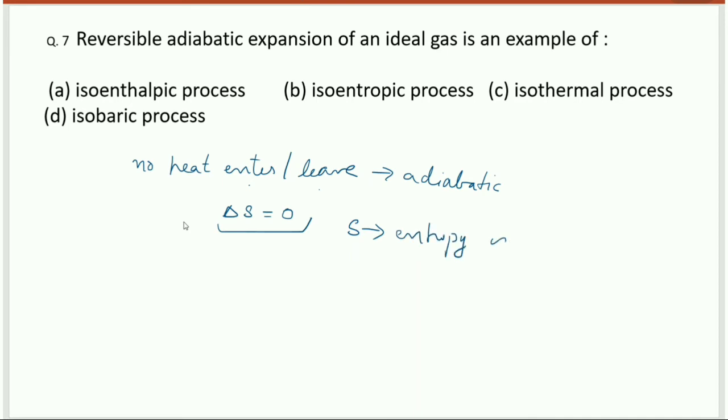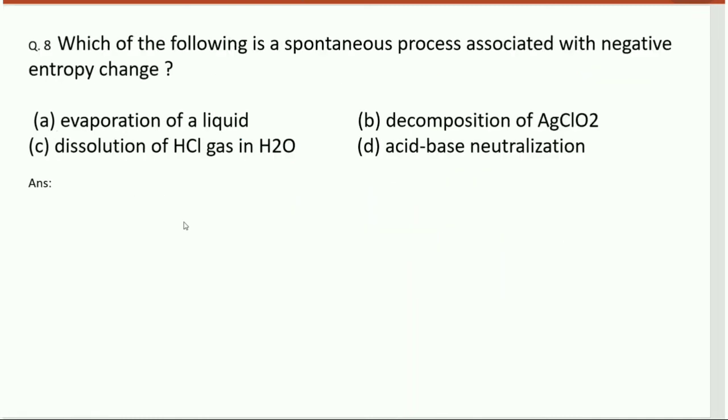From the options, isoenthalpic means delta H is 0, isoentropic delta S is 0, isothermal delta T is 0 and isobaric delta P is 0. So isoentropic is the correct answer. Reversible adiabatic expansion of an ideal gas is an example of an isoentropic process because there is no heat entering or leaving the system.